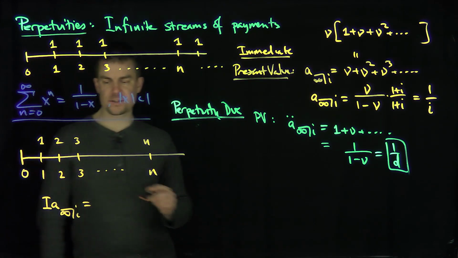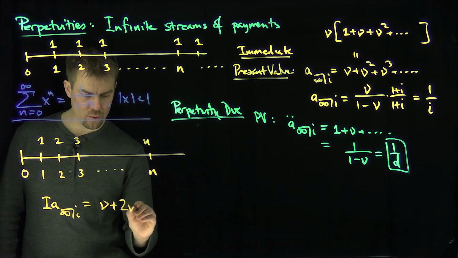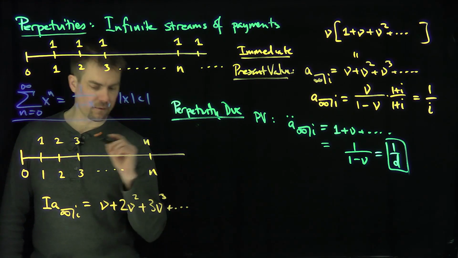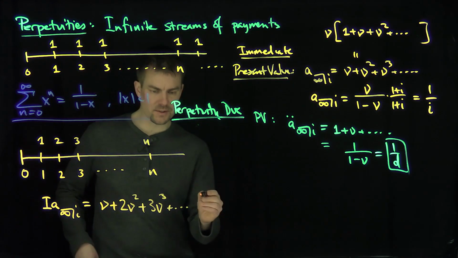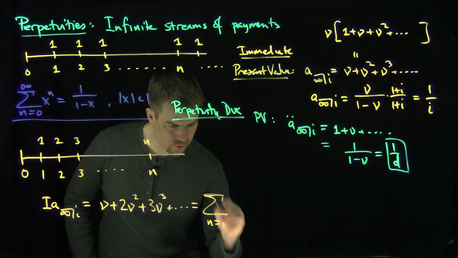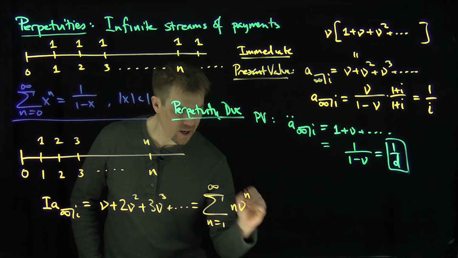And what's the present value of this thing? The present value of this stream is just going to be nu plus 2 nu squared plus 3 nu cubed, etc., forever. So this is equal to the sum, n goes from 1 to infinity, of n times nu to the power n.